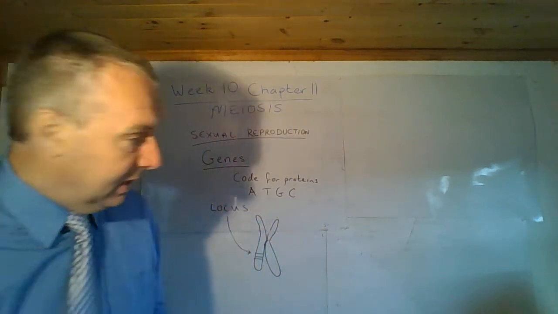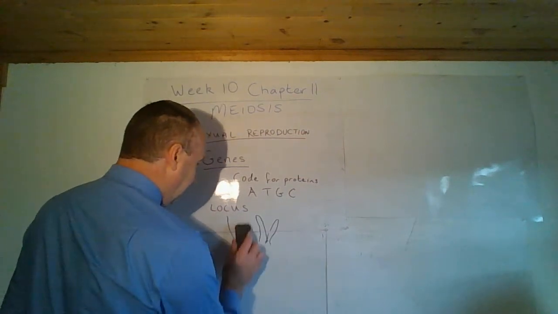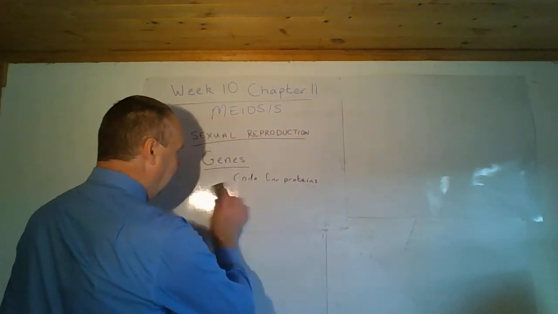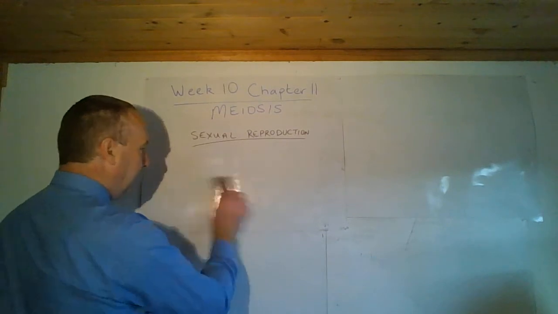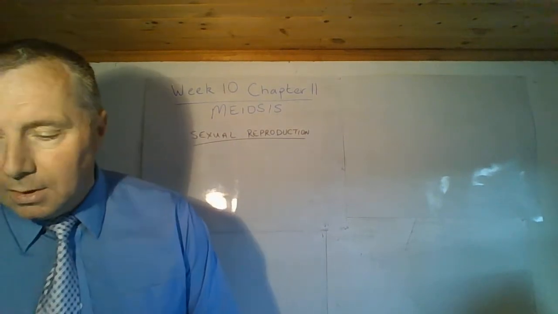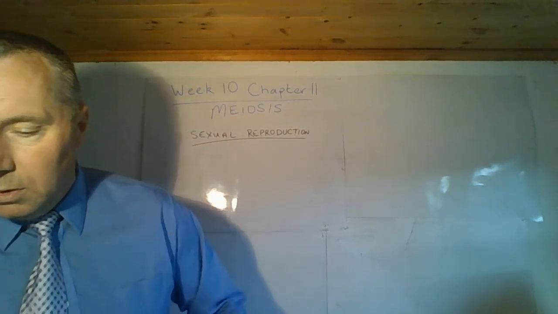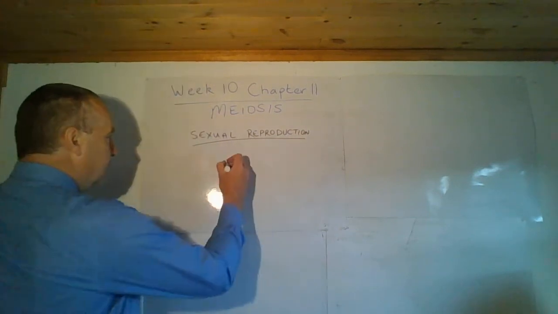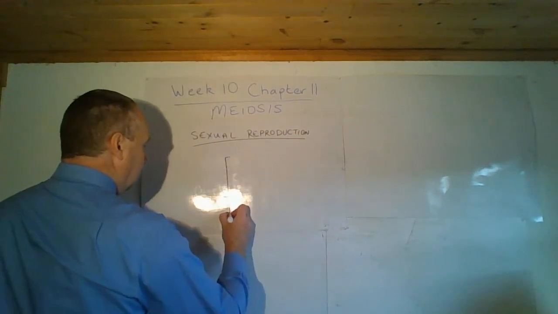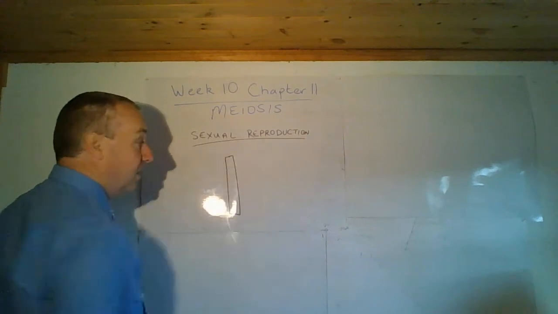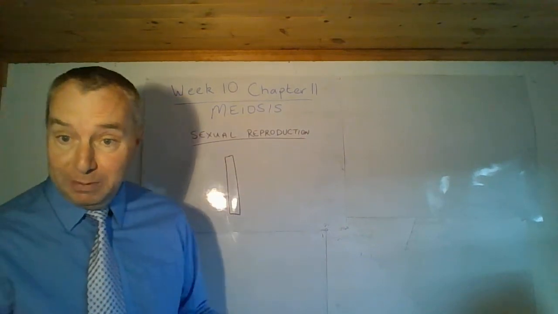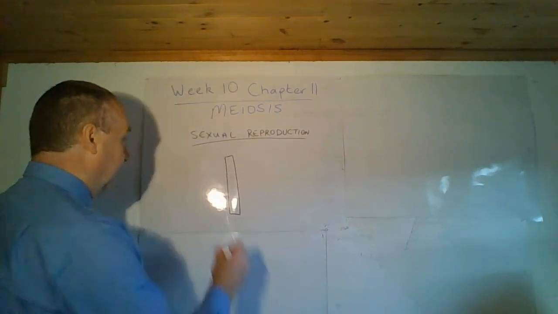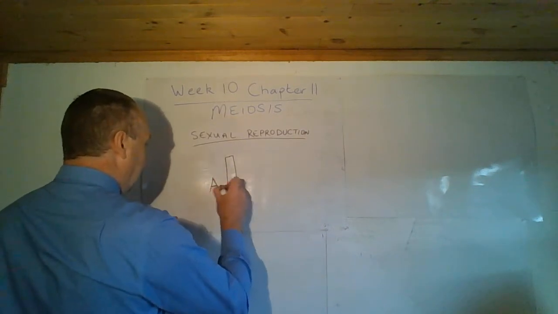So an allele is one of, so when we talk about alleles, you'll remember this from going over our human genetics lab that we just did. We talk about something like A and a.